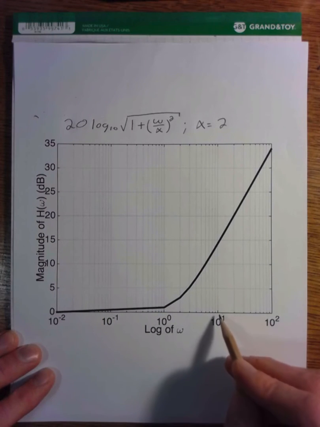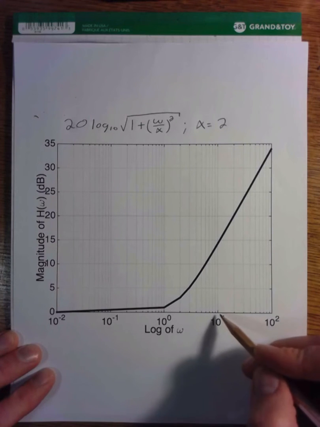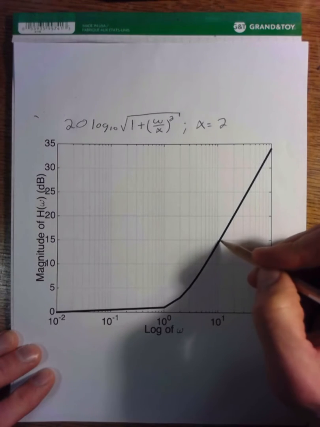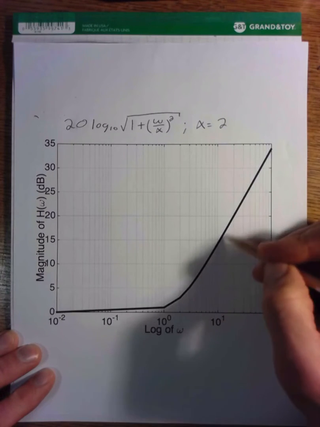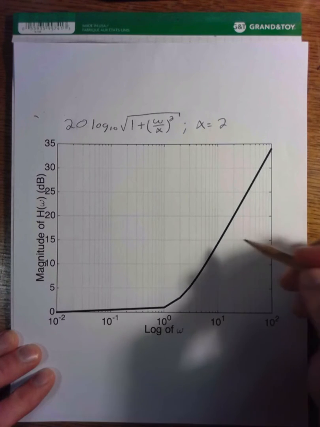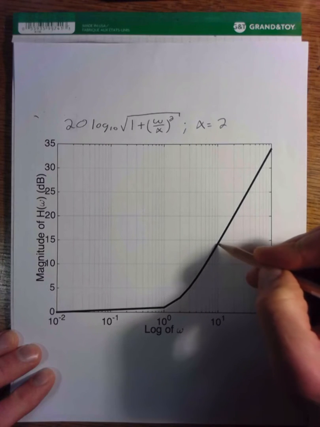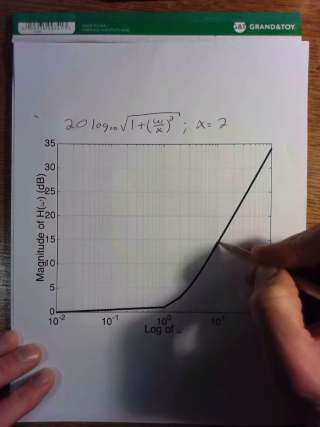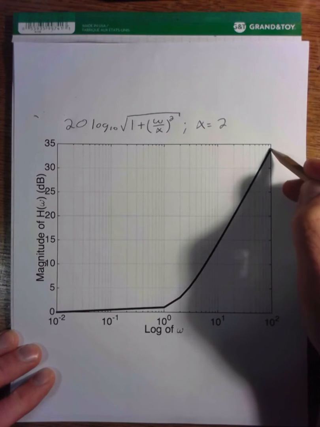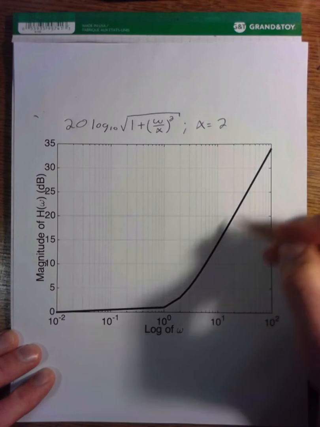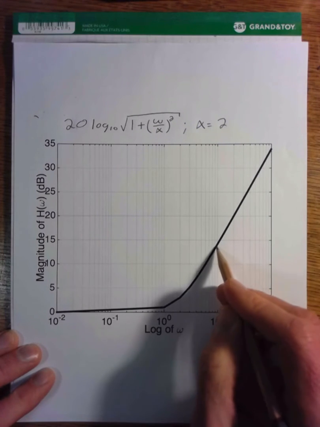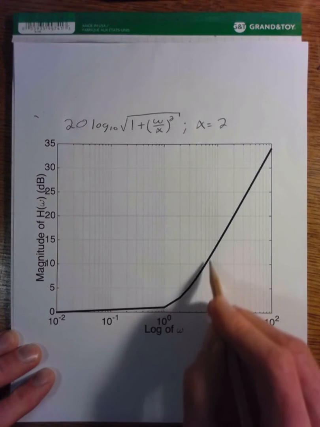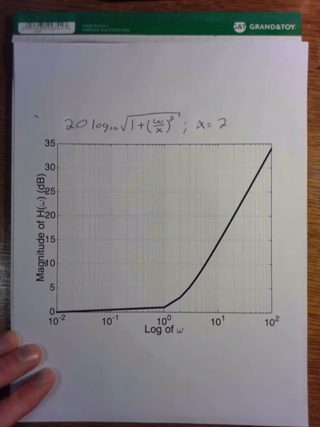And if we take a look at larger frequencies, 10 hertz to 100 hertz, we get a positive line with a slope of roughly 20 dB per decade. Here we're at almost 15, here we're at almost 35. So we're not quite 20 dB per decade, but it looks pretty close. And in between, we have this curvy response.